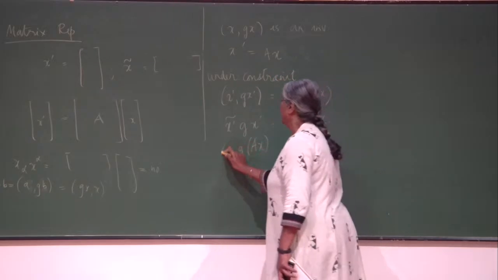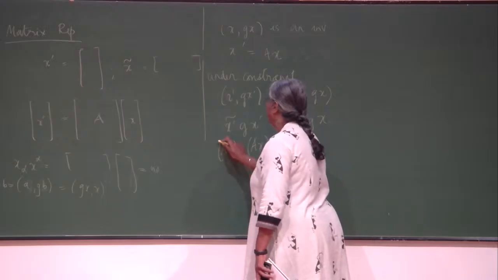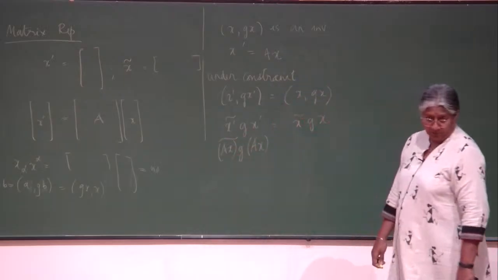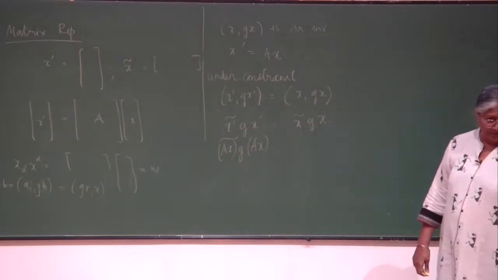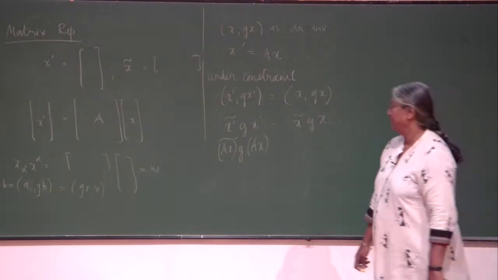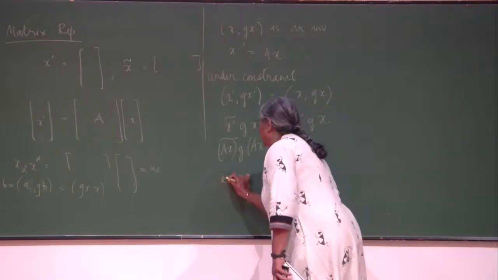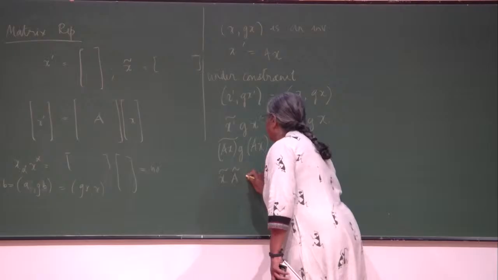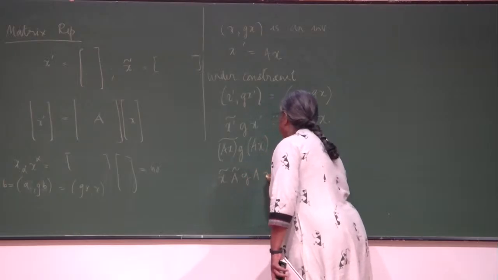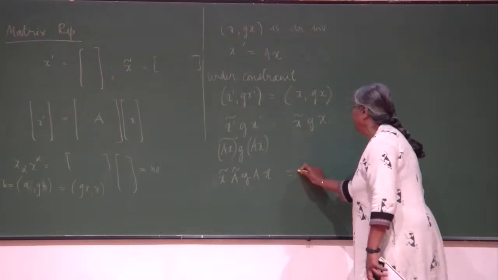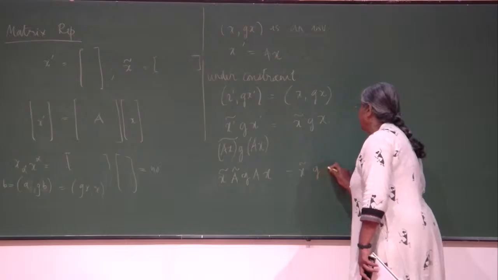And this is A x transpose. What is the formula for AB whole transpose? So this will give me x transpose A transpose G times A times x. And this has to be x transpose G times x.